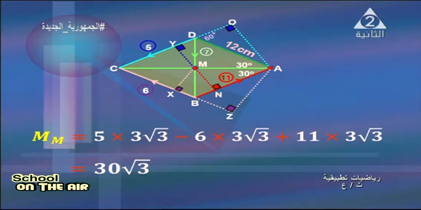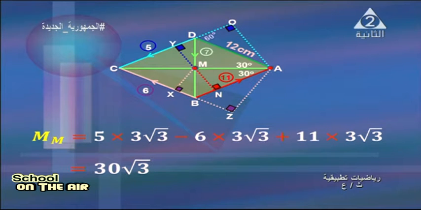We have much information about the moment about point A, and also the moment about the intersection point of its diagonals, M. And we know that the moment equals the force times the distance between this point and the action line of this force.